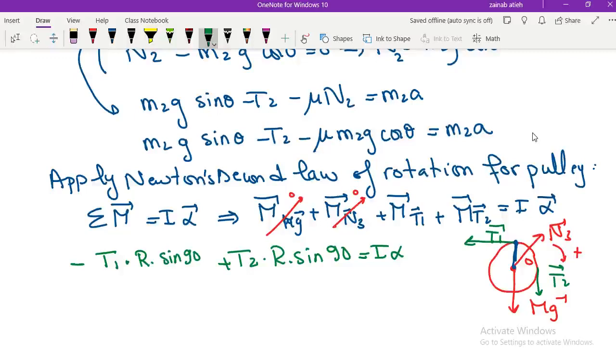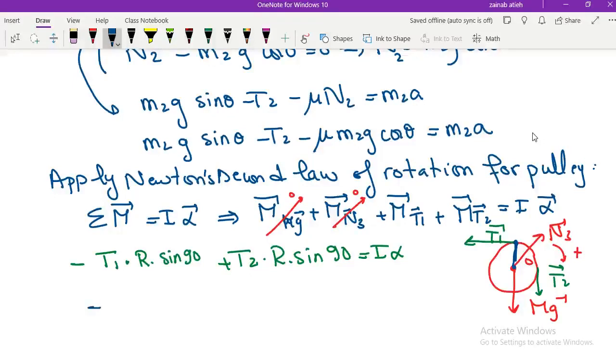Now for I, it is the moment of inertia of a disk when the axis passes through its center. I gave you the formulas, I told you that we usually give them. So it's half mr squared, you just have to substitute it.